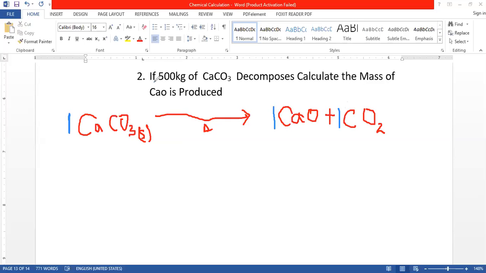The question asks, if it is 500 kilograms of calcium carbonate, calculate the mass of calcium oxide produced. What would be the mass of calcium oxide? Listen, wait.